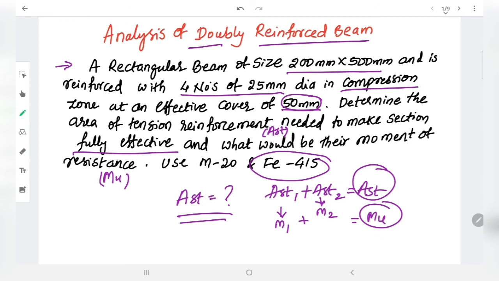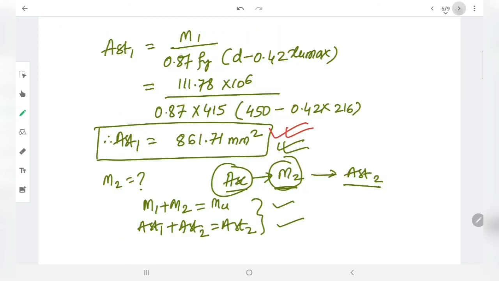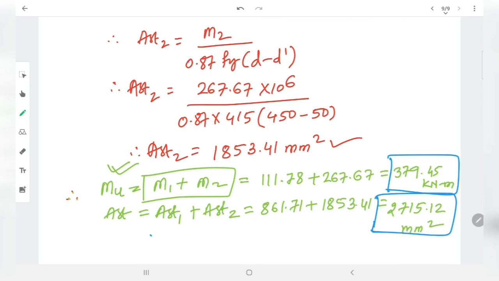What he said: calculate area of tension reinforcement needed to make the section fully effective. That is nothing but AST. And what would be the moment of resistance? This is nothing but MU. Here you can see in the problem we have calculated MU as well as AST. These are the two unknown values required in the problem.